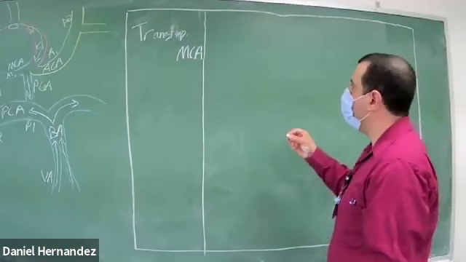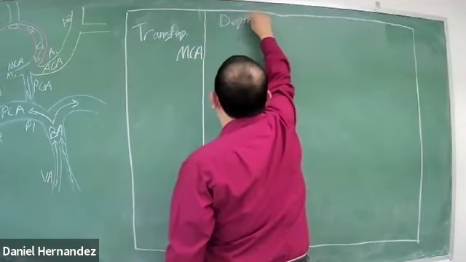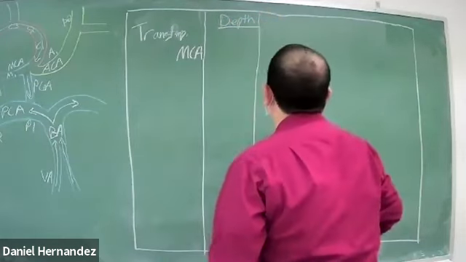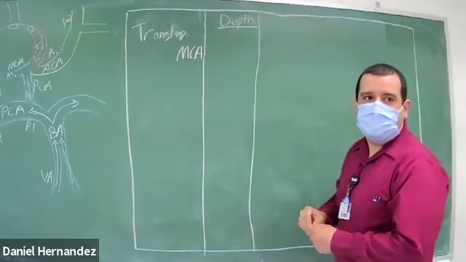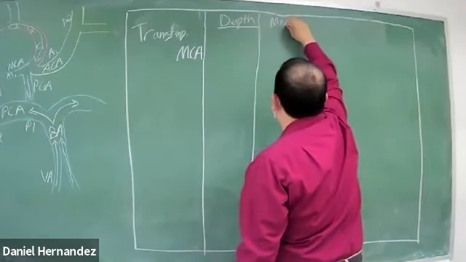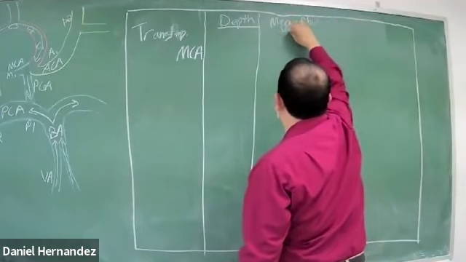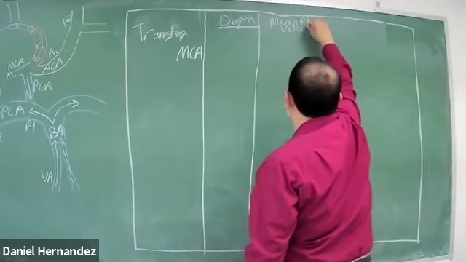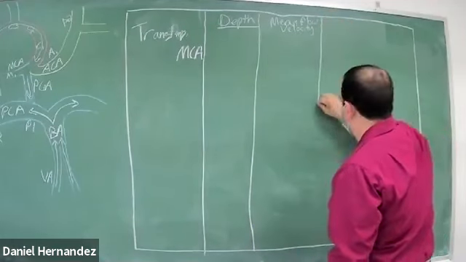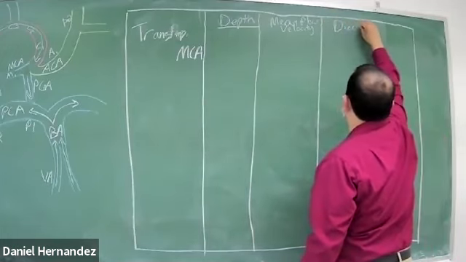First thing we're going to do is depth. The next is going to be our mean flow velocity. Last one's going to be direction.